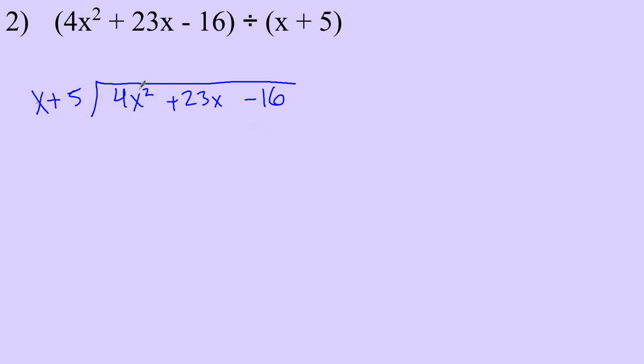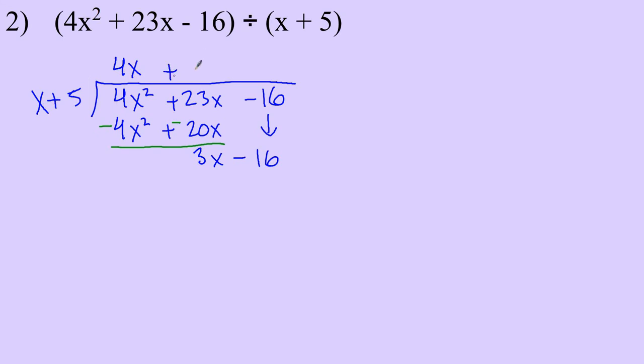So x can go into 4x squared 4x times, because 4x times x is 4x squared. 4x times 5 is 20x. Then we subtract. These cancel. So we get 3x, bring down the 16.